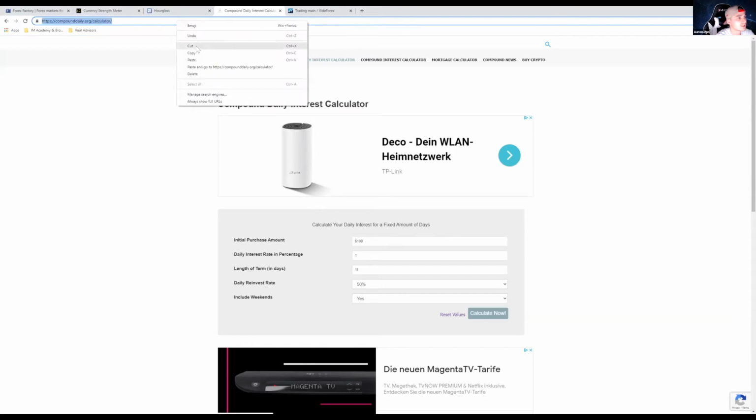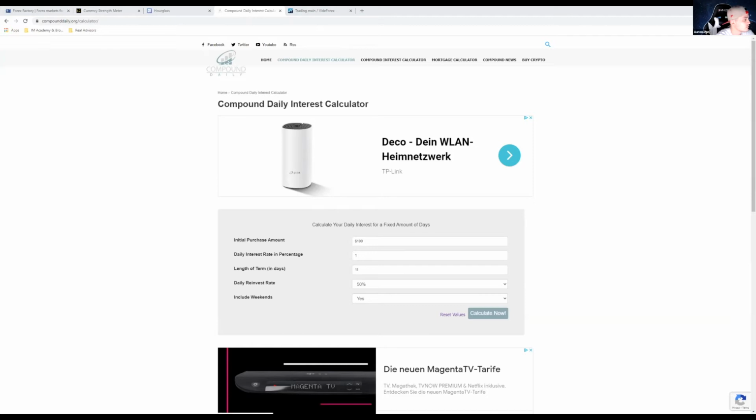There's people rolling in now. All right, now check the Zoom chat. I have compounddaily.org. If you guys just click that link so we can be on the same page. I'm gonna take out this camera thing because it's blocking my view.